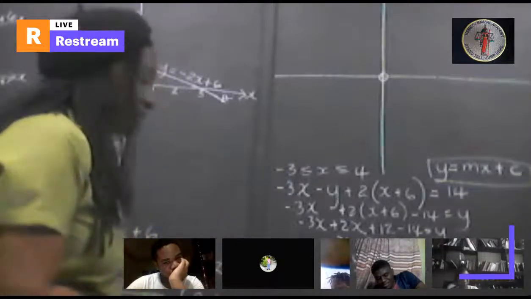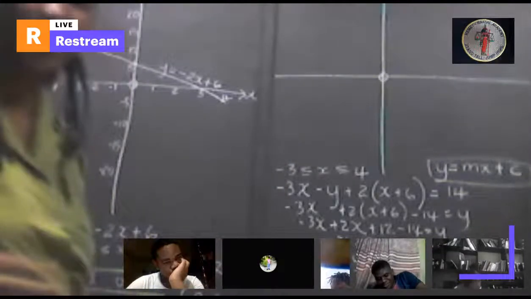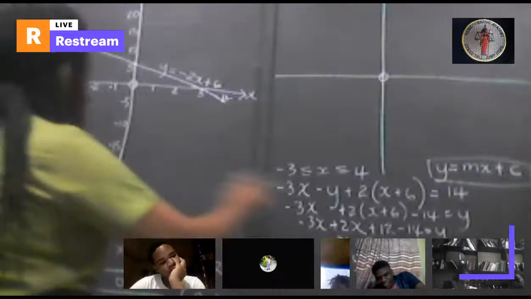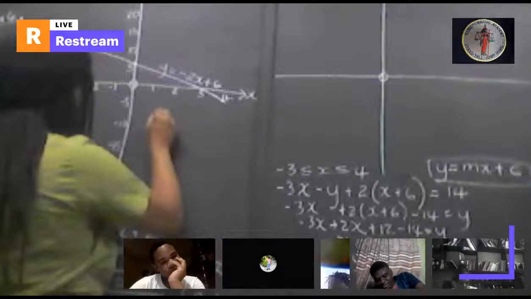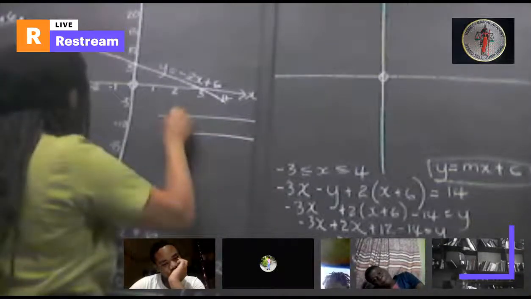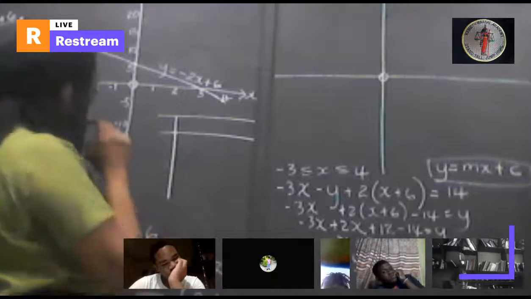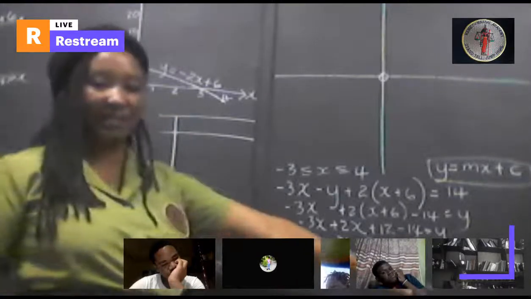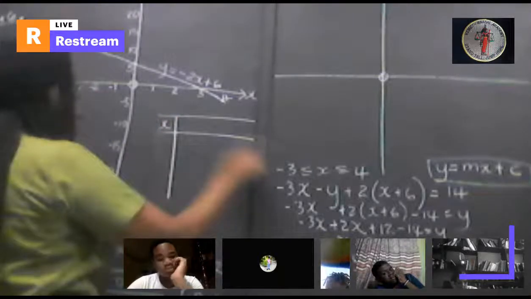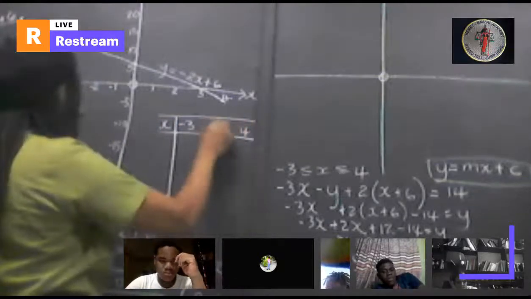So let's do the table for this here, just so you can see it while I'm doing it. All right. So it's y equals negative x minus 2. Our x values would be from negative 3 to 4.